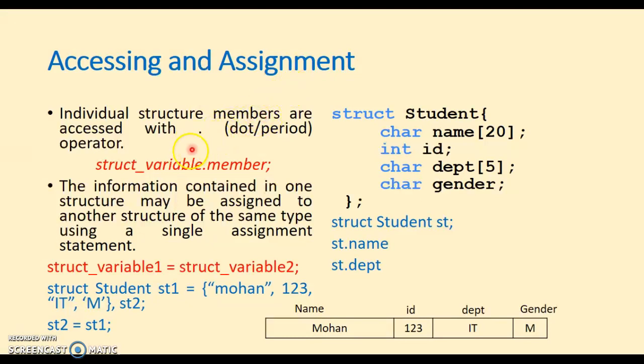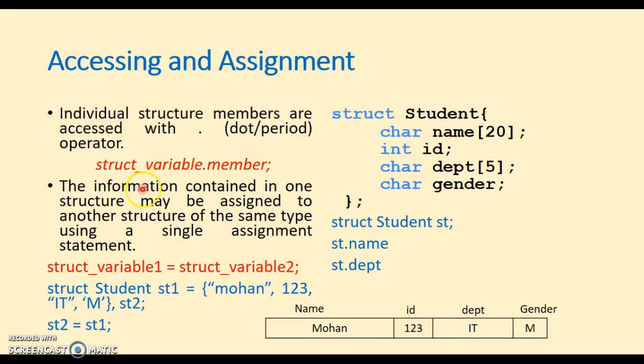Individual structure members are accessed with the dot or period operator. Whereas an array is a collection of homogeneous elements, those can be accessed with an index. But our structure fields are dissimilar, so we need to access each and every independent field by using the dot operator.